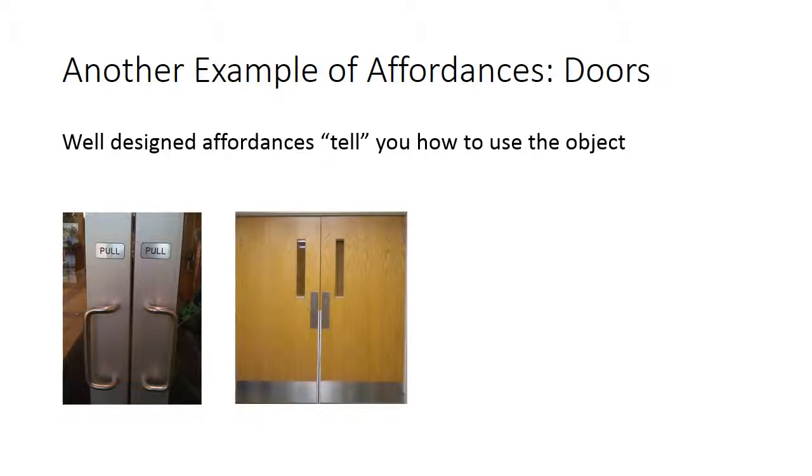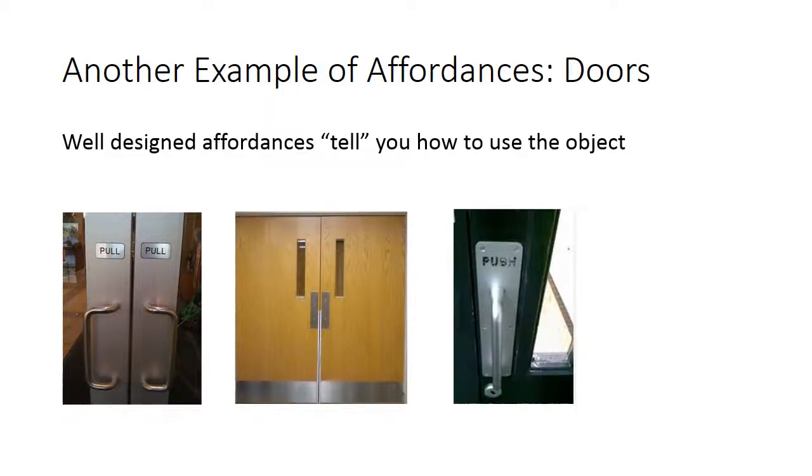A better designed door is this. Notice that the only affordances are steel panels for pushing. The only thing you can do with this door is push. Any instructions would be ridiculous. And so this is a really well-designed door. Now, here's one that I find a little odd. The affordance is for pulling. It's a handle.